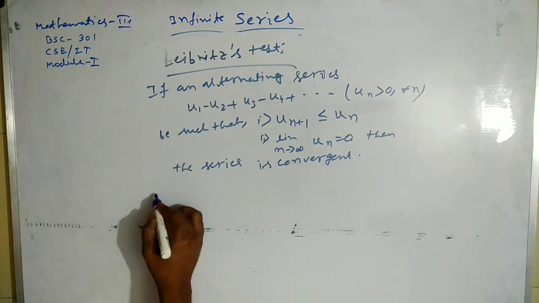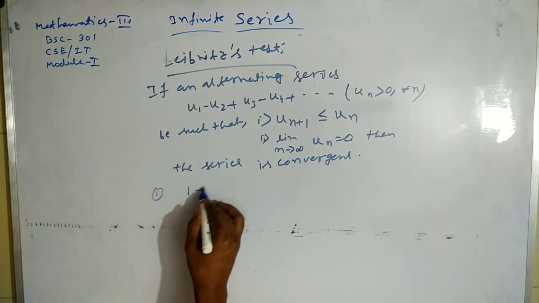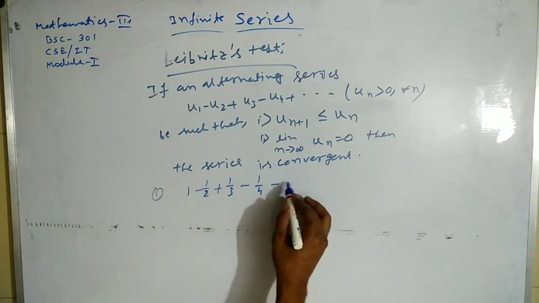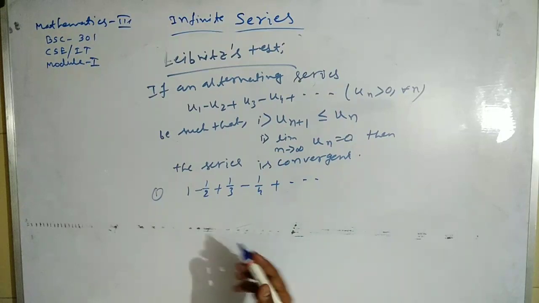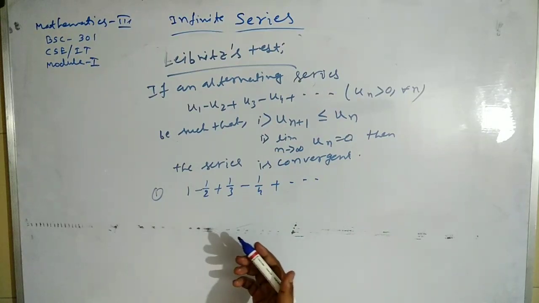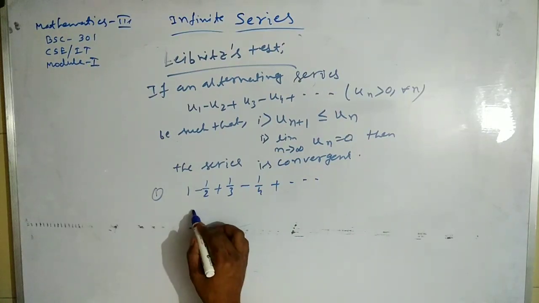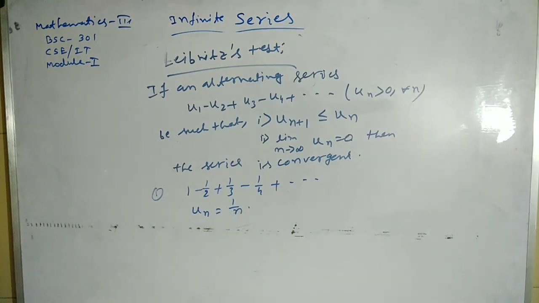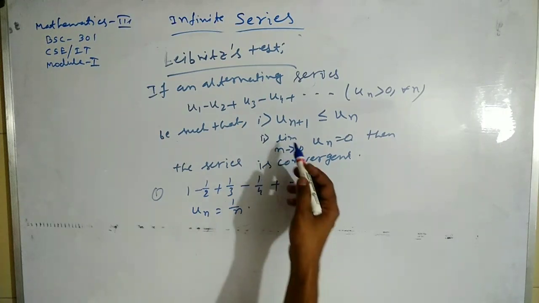Let us take this example, number 1: 1 minus half plus 1 by 3 minus 1 by 4 plus minus dot dot dot. Now see that this is an alternating series, and here un will be 1 by n, the nth term is 1 by n. Now the first condition we have to check.